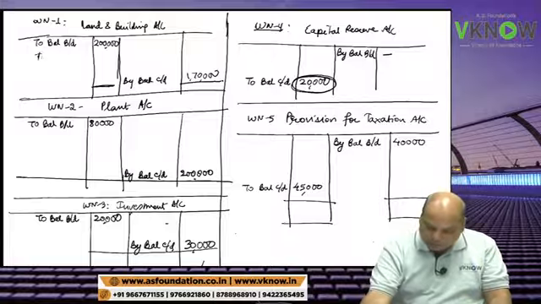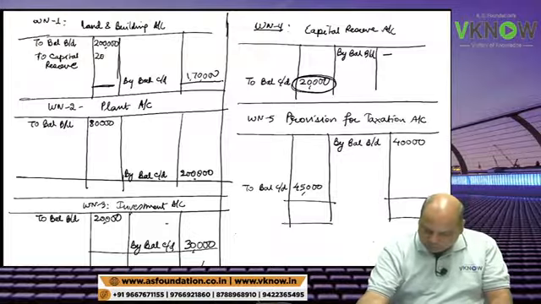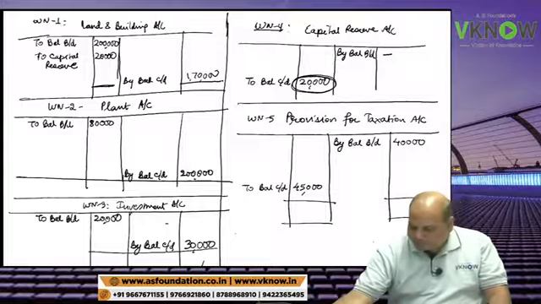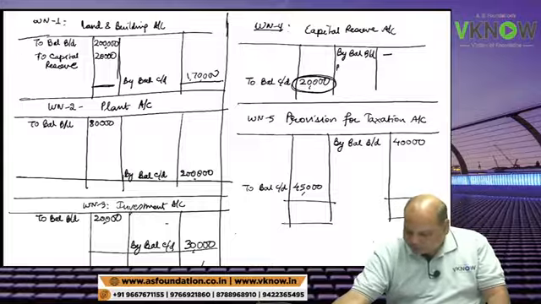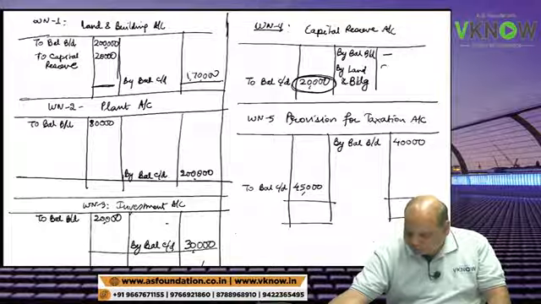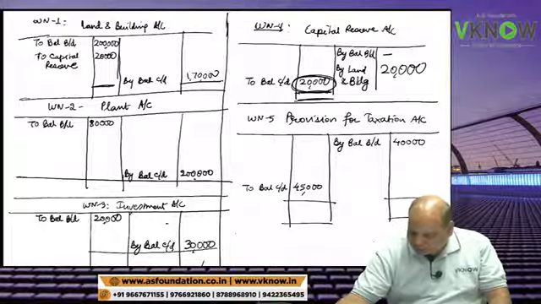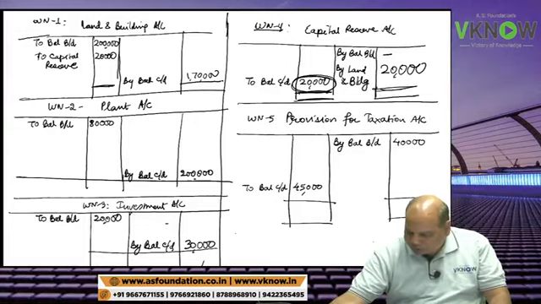So I go to land and building account to capital reserve 20,000. Capital reserve account credit side by land and building account working note 4, 20,000.